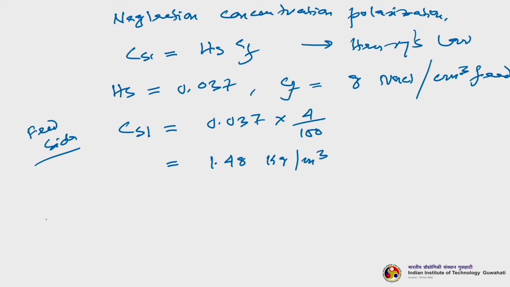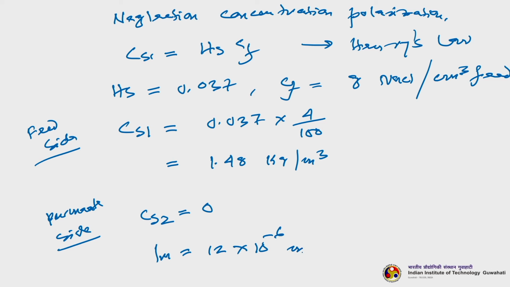Similarly, you have to calculate the permeate side, that is CS2. So, CS2 equals 0, because there is no salt there, and the membrane thickness Lm is given as 12 into 10 power of minus 6 meter. So, you can calculate Js by substituting in that equation. Js equals minus ds delta Cs by Lm.